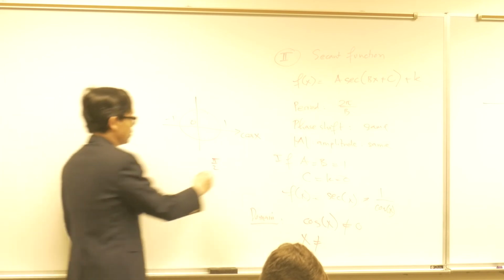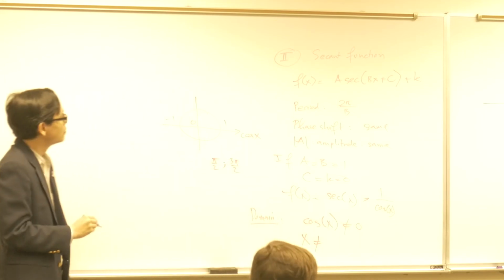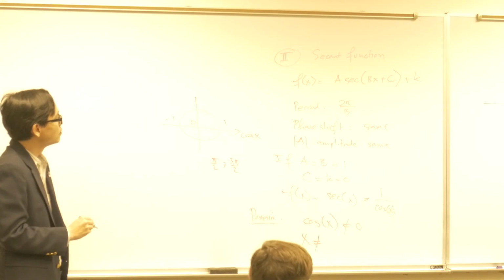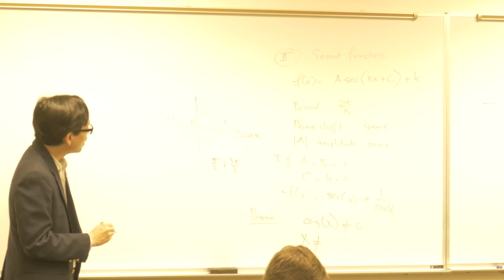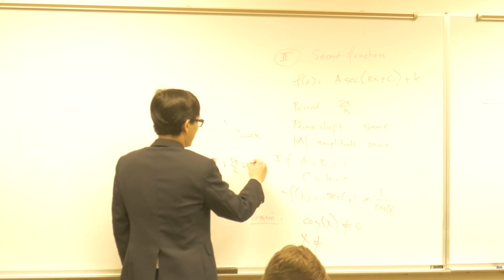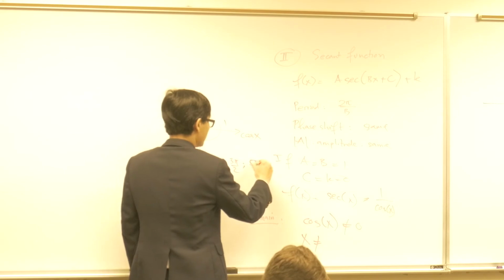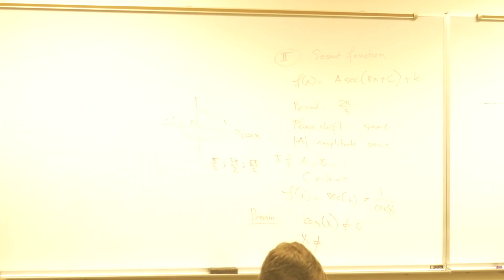Very good. 5 pi over 2. Everybody agree with that? Yeah, 5 pi over 2. 7 pi over 2, and so on, right? So we have odd numbers of pi over 2.